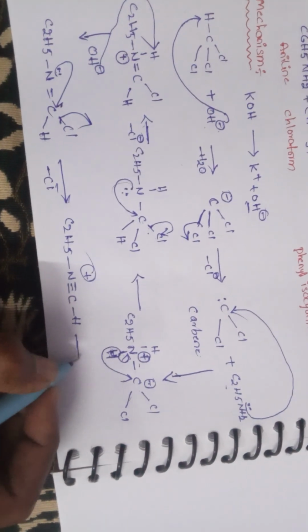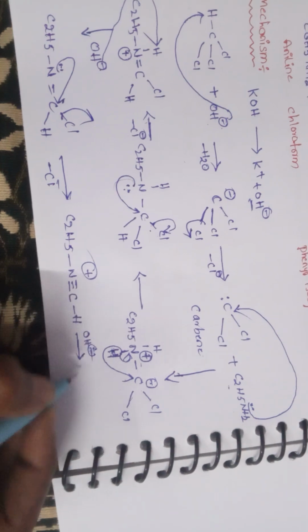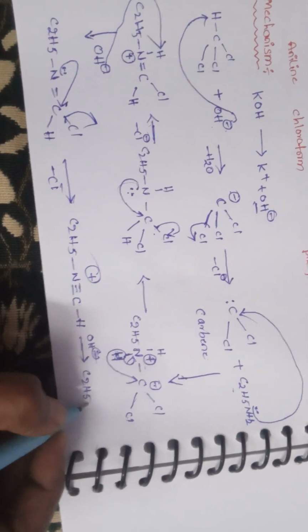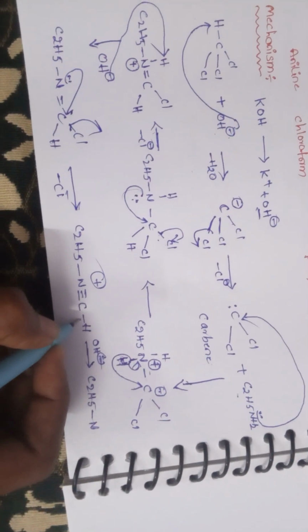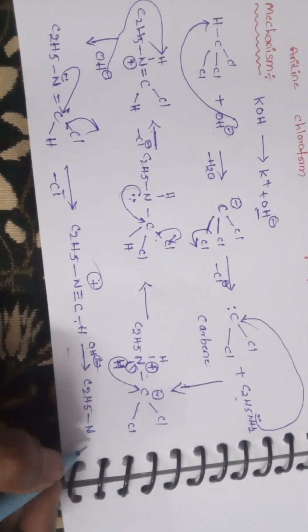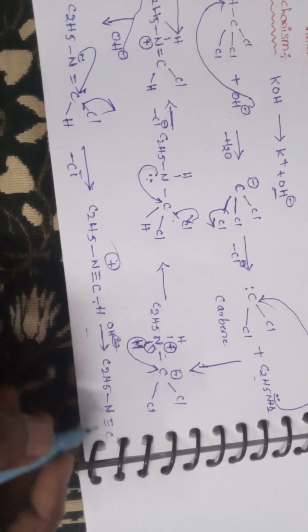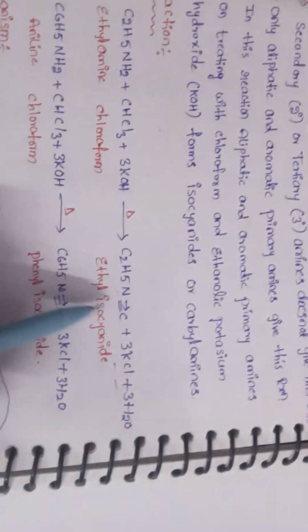Again it is treated with OH minus. Now C2H5 nitrogen, this hydrogen and OH are removed as a water molecule, then triple bond C forms. So the isocyanide is formed, ethyl isocyanide.